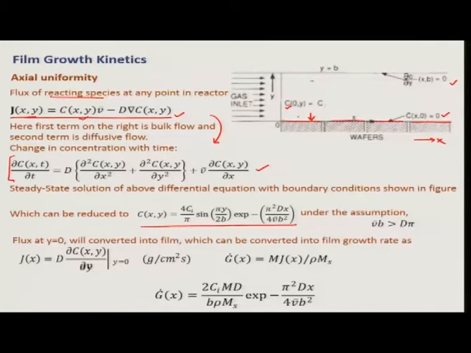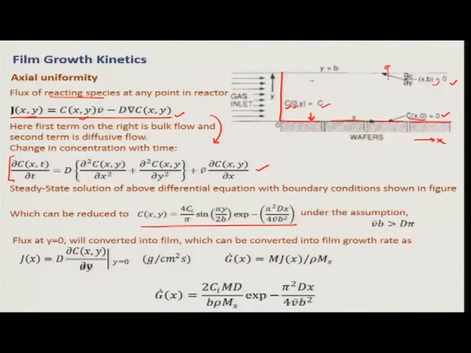So, there is no buildup of the concentration of reactants at this boundary. And also at x equal to 0, the concentration is constant because the gases are coming in from the left. At this boundary there is no concentration gradient along this direction.